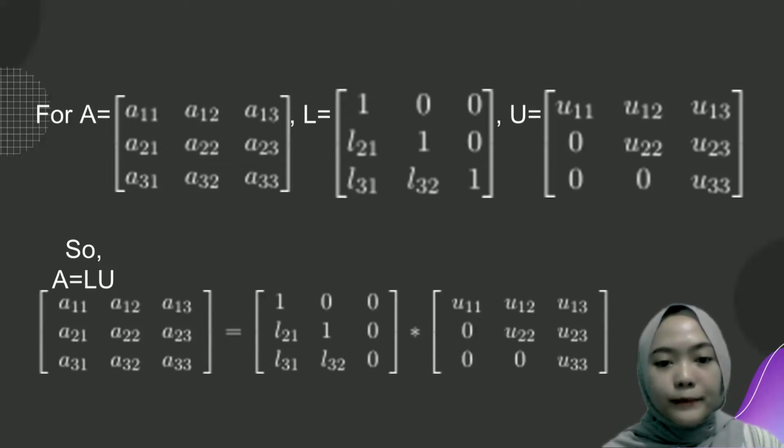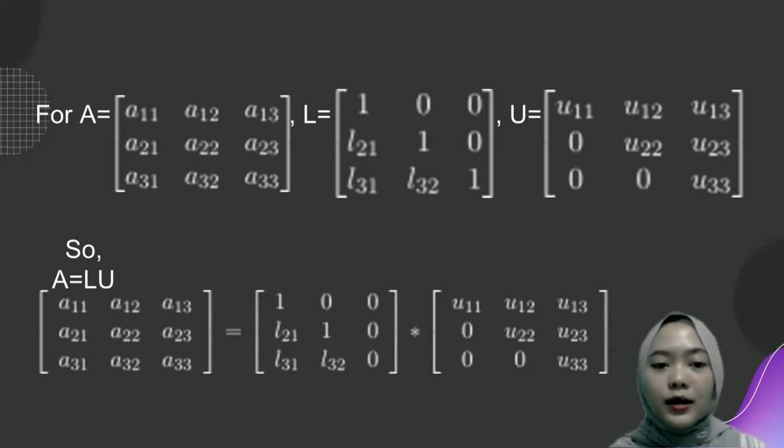To find the LU factorization, we use reduced row echelon.